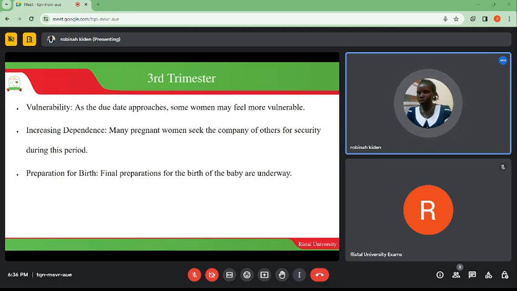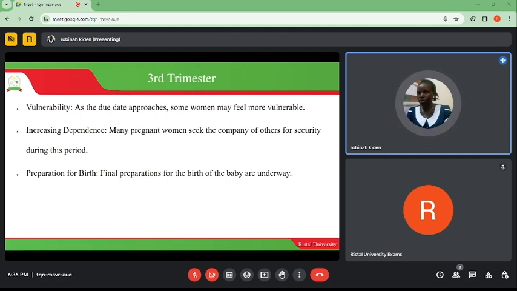Then increasing dependence. Many pregnant women seek the company of others for security during this period. They have to make sure at least there is someone around. And even if it is not their will, people around them will also advise them to make sure that they get some people to give them support.